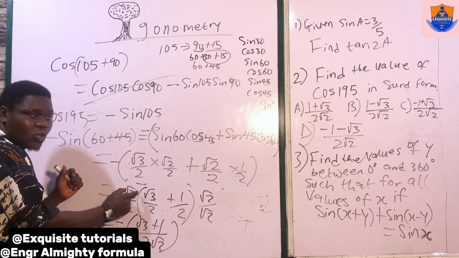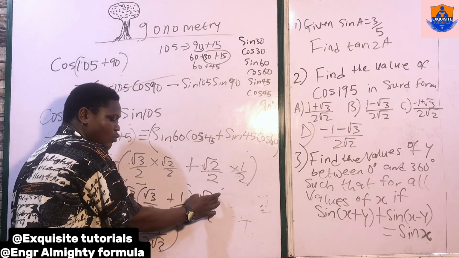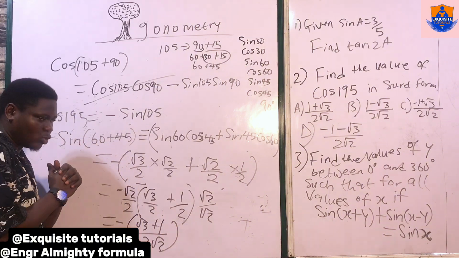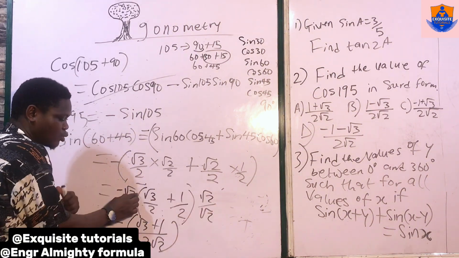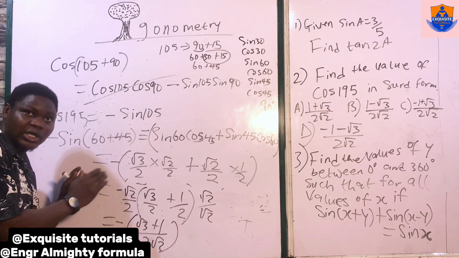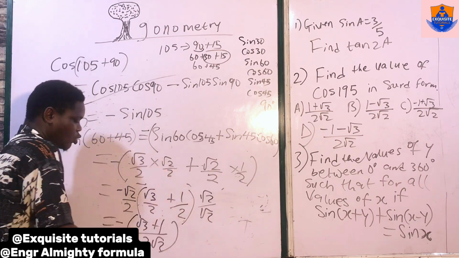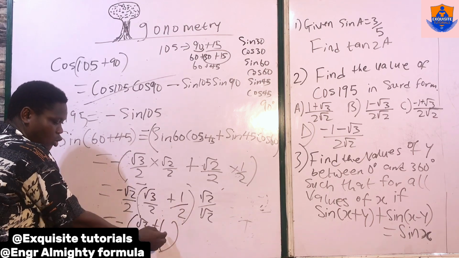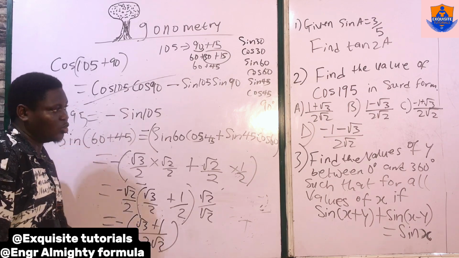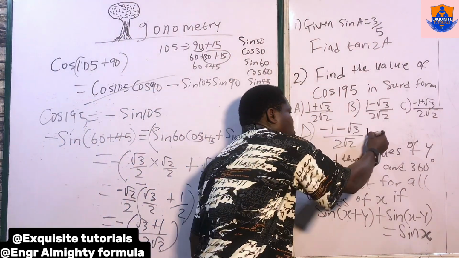Then to remove this square root here, I put square root of 2 divided by square root of 2. This is the same thing as 1, so I did not alter the question. Root 2 times root 2 is 2, and 2 divided by 2 is 1. We are left with root 2 here. Ordinarily, this is root 3 plus 1 all over 2, but there's a square root here, that's why it's root 2. So our answer is option D.